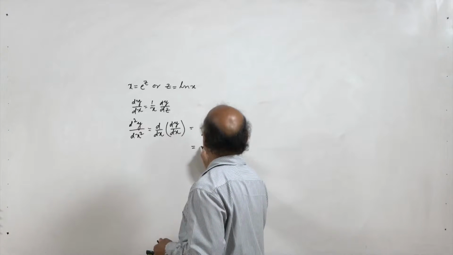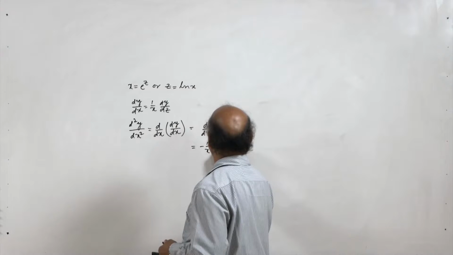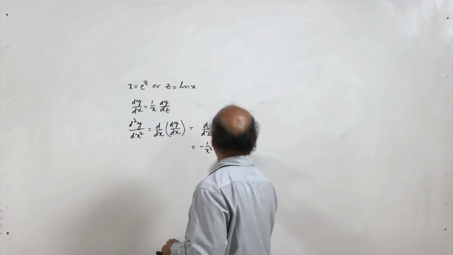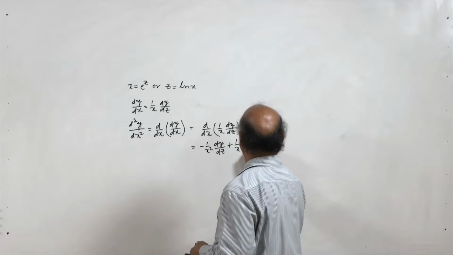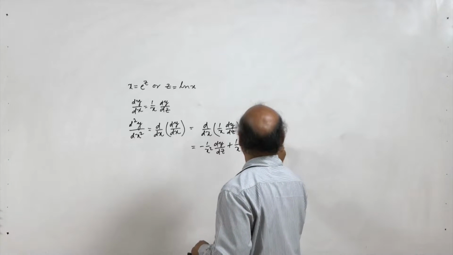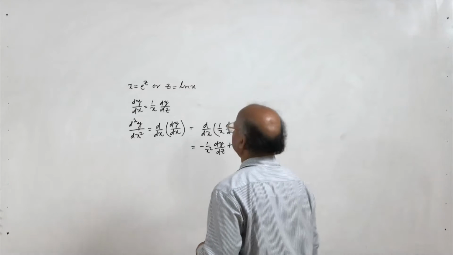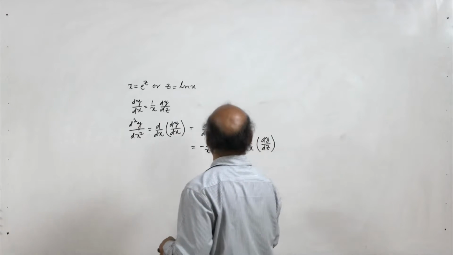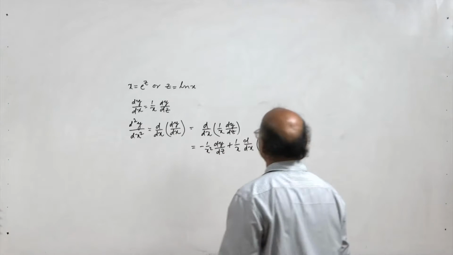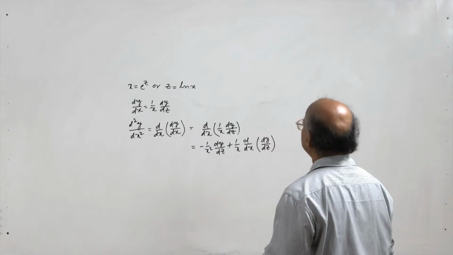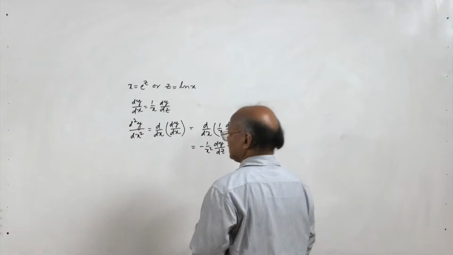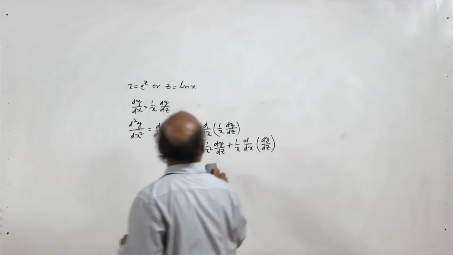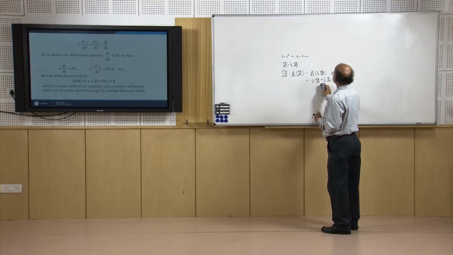The derivative of 1 over x is minus 1 over x square, times dy by dz, and then 1 over x times d over dx of dy by dz.